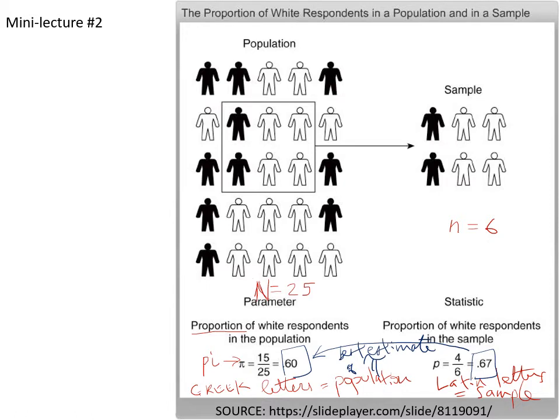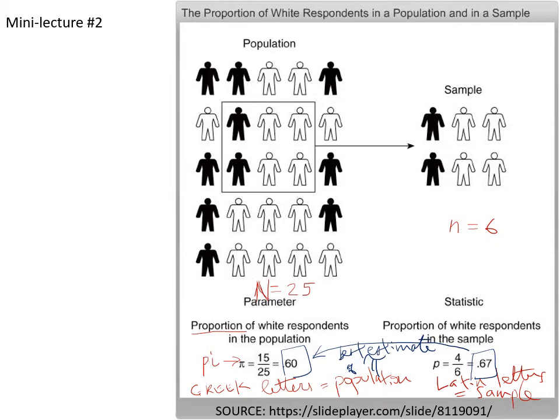Now, you could pick a sample randomly. If there are 25 elements, every person in the population has a 4% chance of being selected. So it's possible that your random sample could pick all black people or all white people, but on average, if you take repeated samples of size 6, you will tend to get a value pretty close to 0.67.